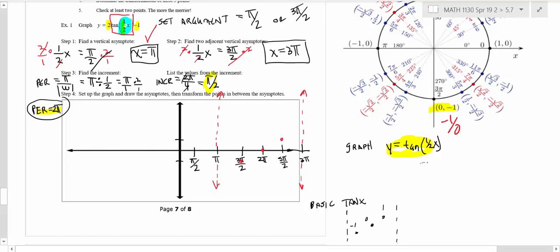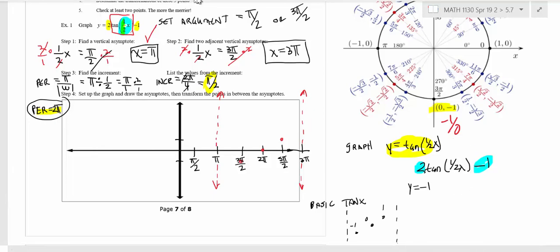So now we're going to work with 2 tangent 1/2 x minus 1. We're going to work with the 2 and the -1. Let's start with this y value of -1. We just do 2 times -1 minus 1. When we go to the y value of 0, we just do 2 times 0 minus 1.